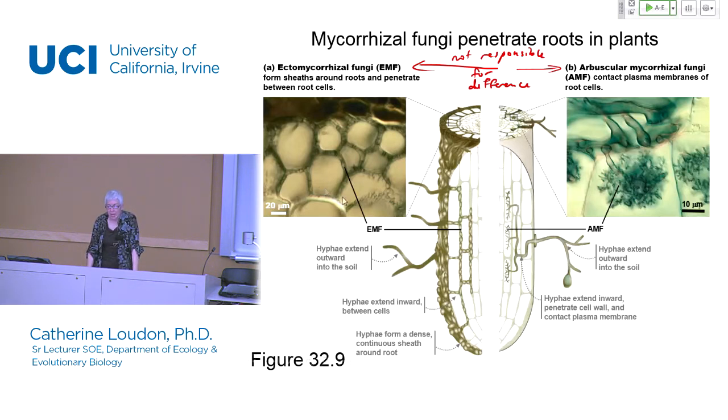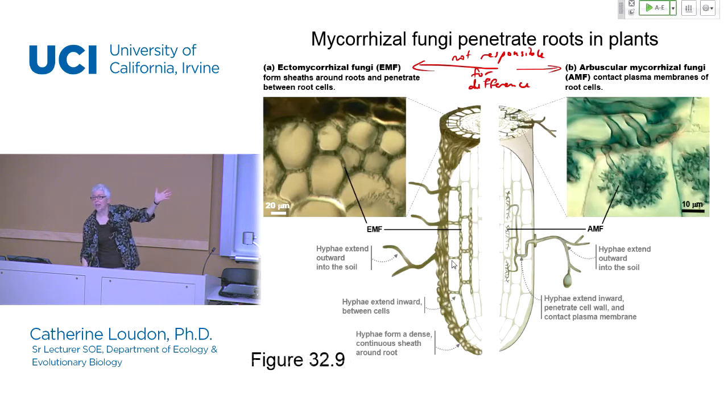But anyway, in both cases of mycorrhizal fungi, the fungi are very closely associated with the roots to the extent that they actually penetrate the roots. So this object here in the middle is supposed to be the tiny microscopic end of a little tiny part of the terminus, the very end tip of part of a root. And so you can see that in both cases, the fungi then extend into the actual surface of the root.